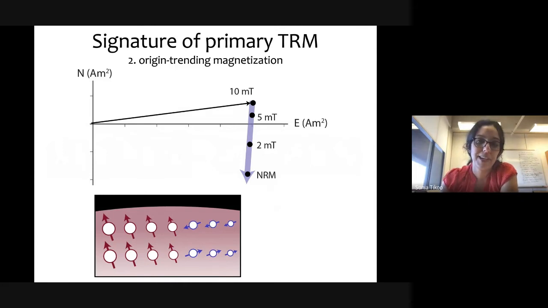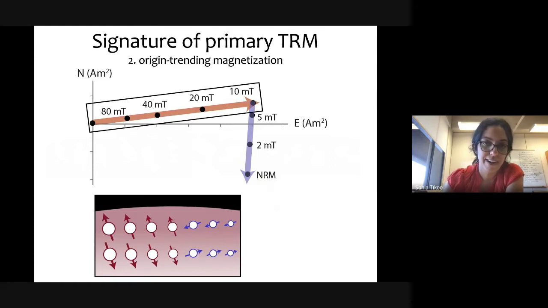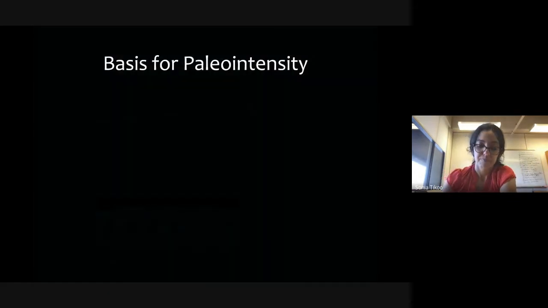And then I'm going to keep demagnetizing this rock until I obtain an origin trending vector. And this is the primary magnetization in the sample corresponding to the time that it formed on the moon, if it exists. Then if we can obtain that origin trending magnetization, we can try to figure out what the paleointensity of the field was that produced that magnetization.